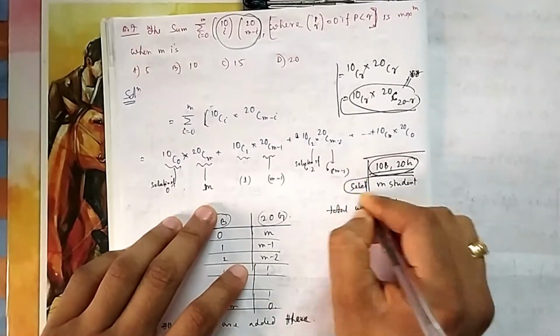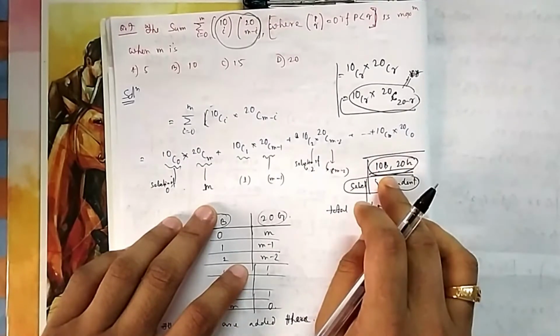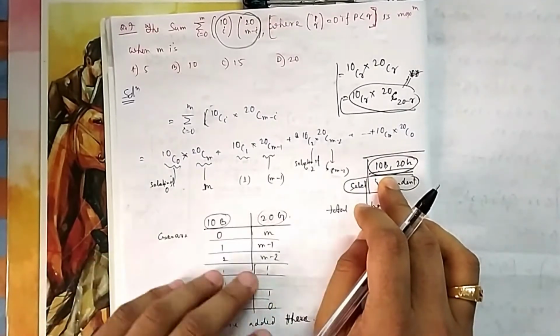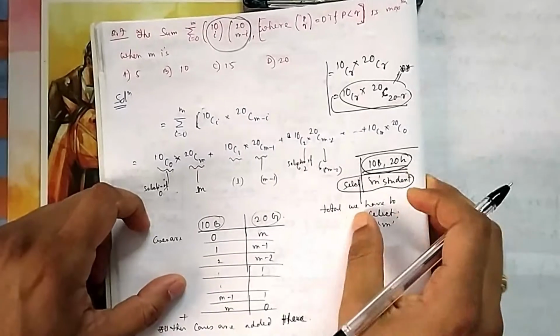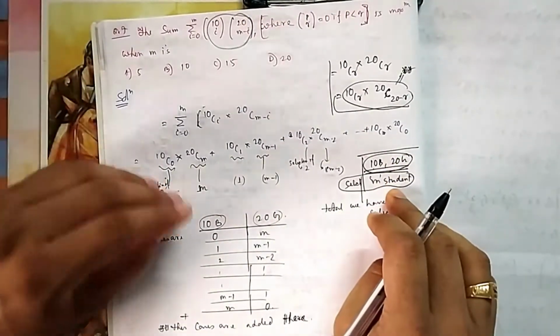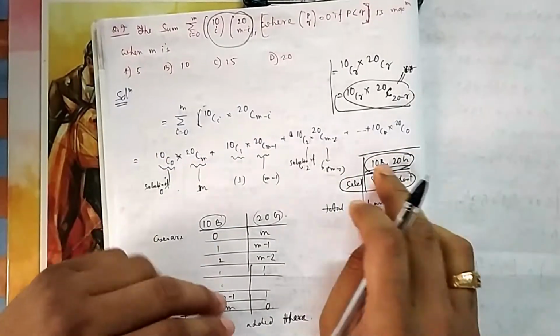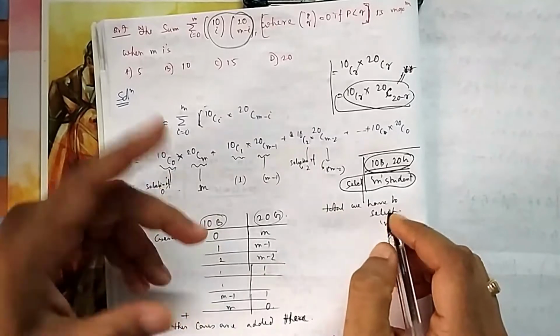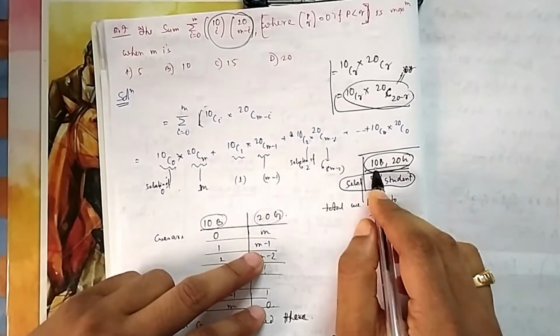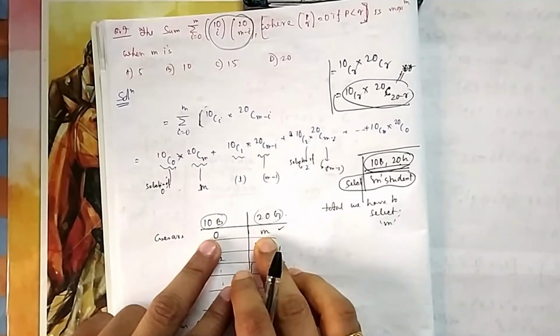Just select, no need to arrange them in a table. You just select m students out of this. So what are the possible cases? You can directly take 30cm, that is okay, there is no issue. Out of 30 you just select m. But in terms of boys and girls, suppose I want to select, one option can be 0 boys and m girls. This is the first case.